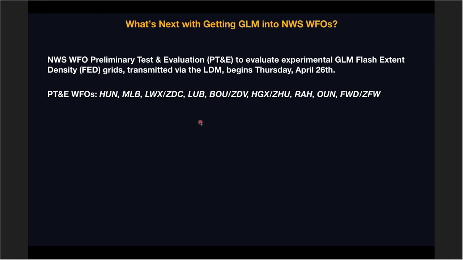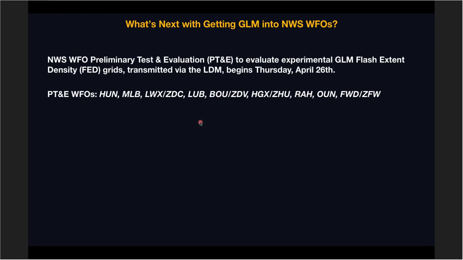The latency is about 2 minutes or so, give or take, so it gets to the forecaster, or the WFO, very quickly. There was also an AWIPS performance issue we cleaned up with the developers who are developing this product. So we feel that what's going to get to these WFOs tomorrow is probably about 97 or 98% there. But it's good to have these WFOs look at this data.